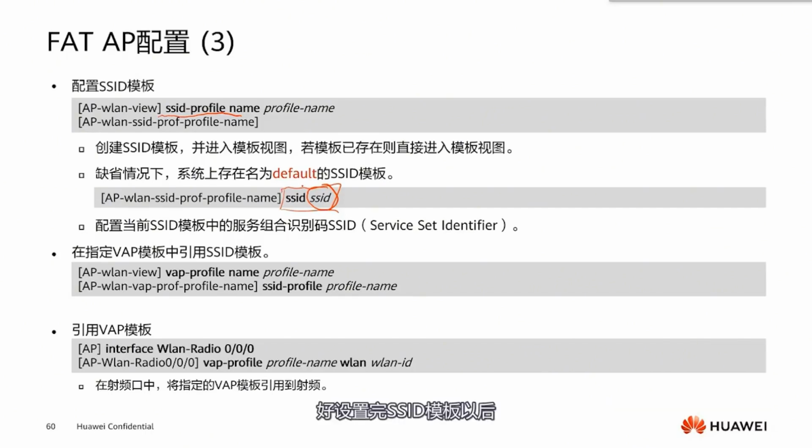That is the SSID. After setting up the SSID template, we need to import it into the VAP profile. Now we have a VAP profile that includes a service VLAN, a security template, and an SSID template. Having completed these, we need to enter the WLAN's RF interface and incorporate the VAP template we just created.